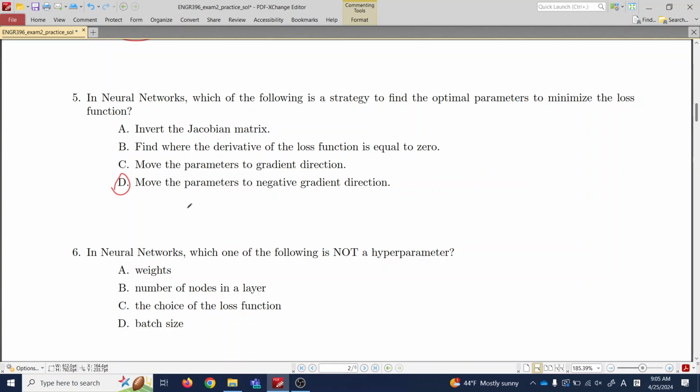So if you always move in the negative gradient direction, you're trying to find the minimum point. For example, if you're on a mountain and you want to go down to the valley in the fastest path possible, at every moment you just move in the negative gradient direction. Then you will arrive at the minimum fastest.